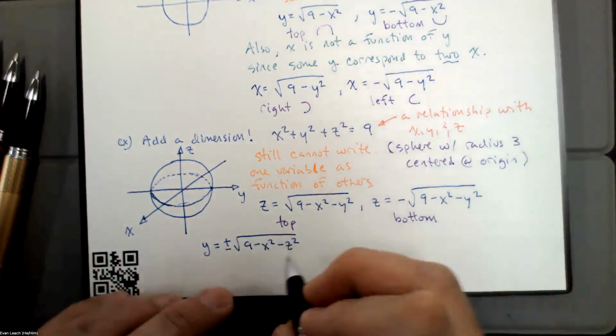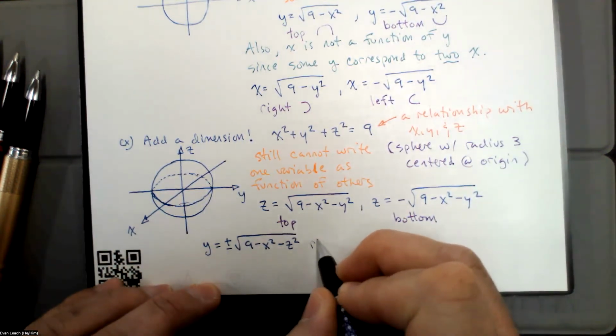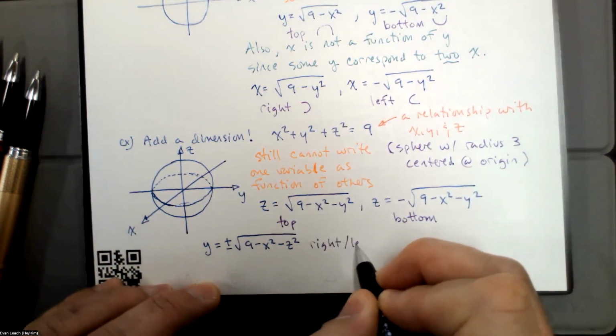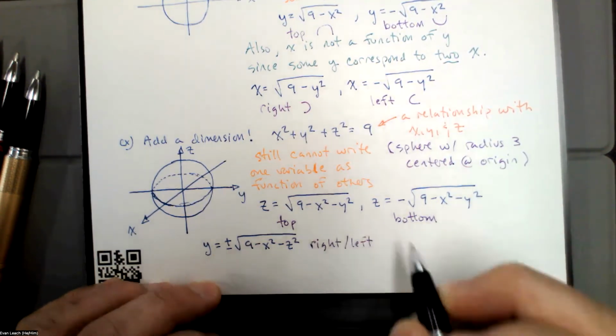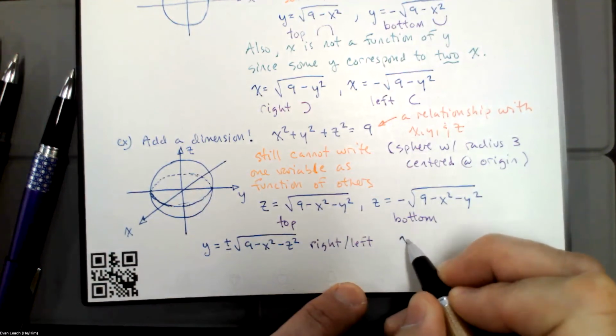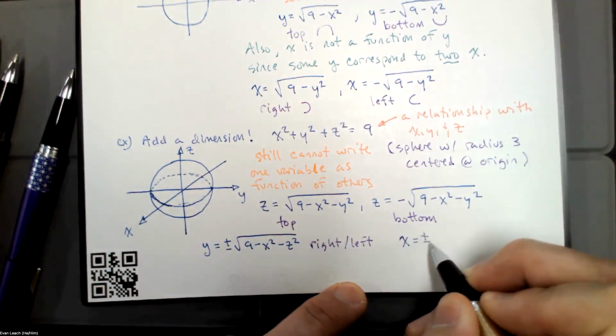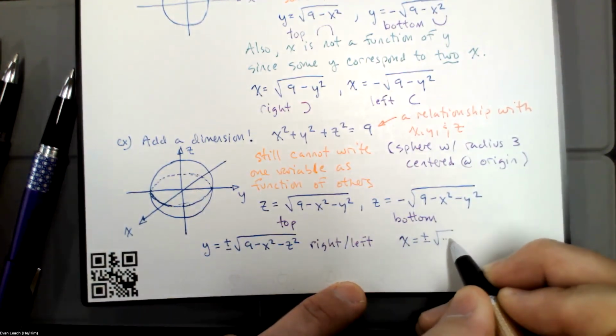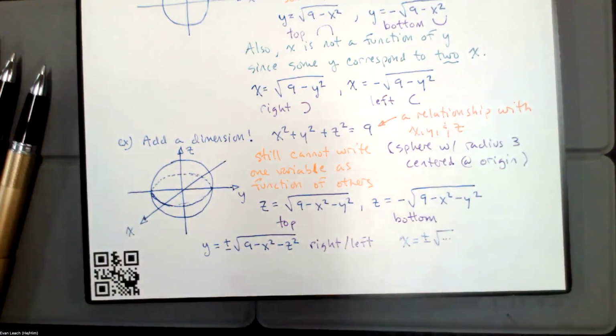Oh, I should go positive, negative, right and left. And if we solve for x, that'll be like the front and the back.